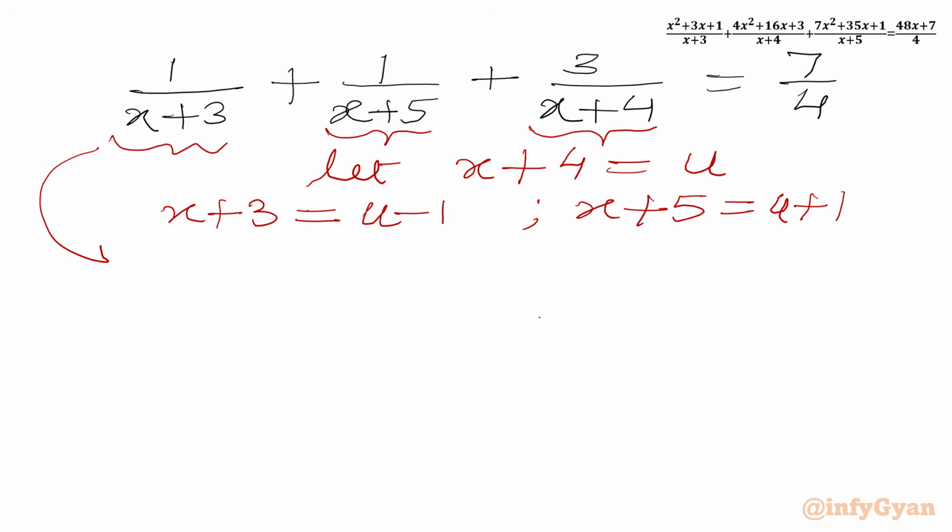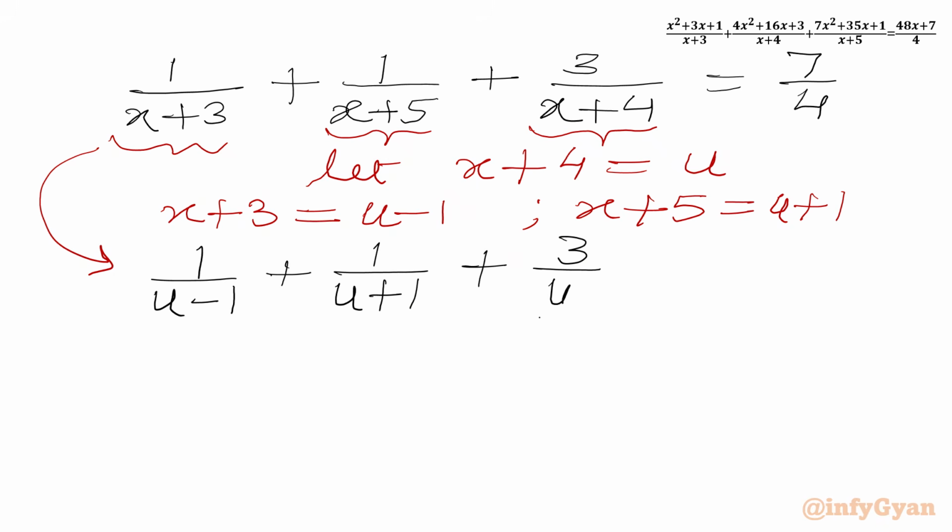So we will write our equation in variable u. 1 over x plus 3 will be 1 over u minus 1, plus 1 over x plus 5 will be 1 over u plus 1, and then we have 3 over u. In RHS we have 7 over 4.